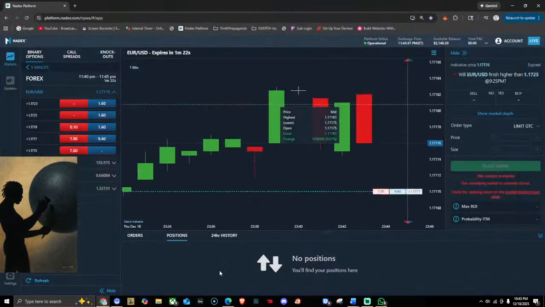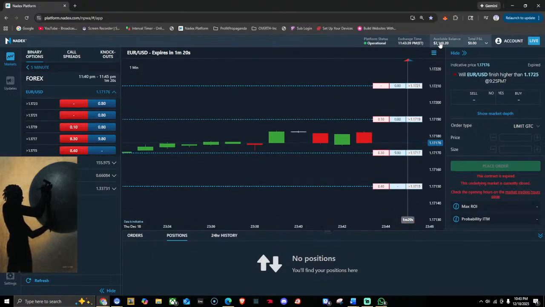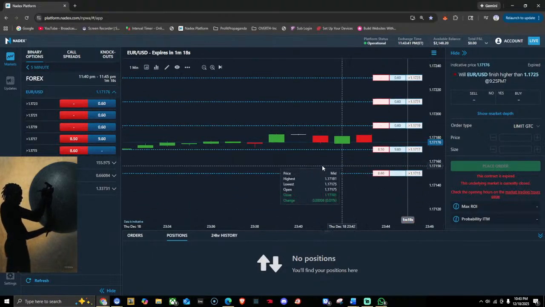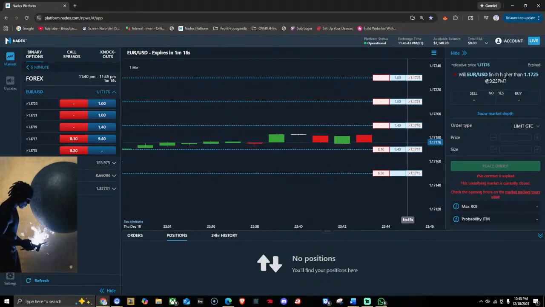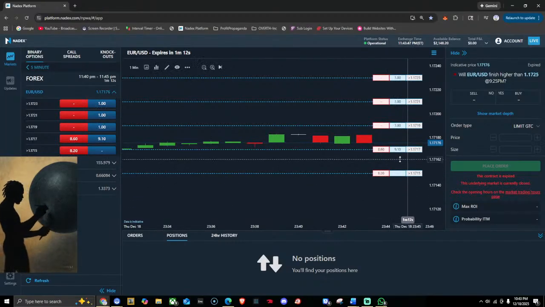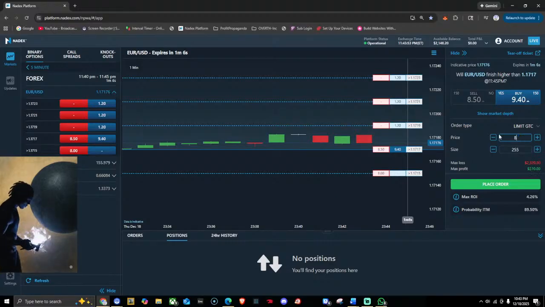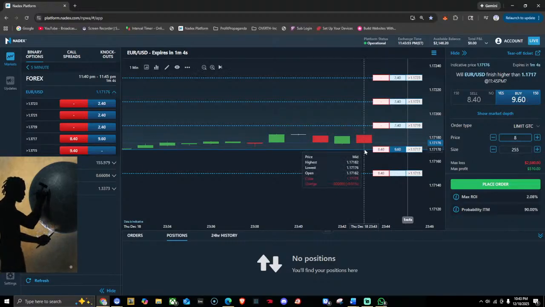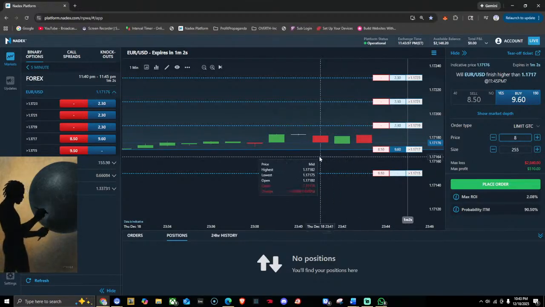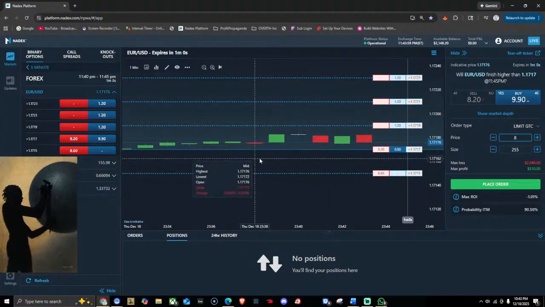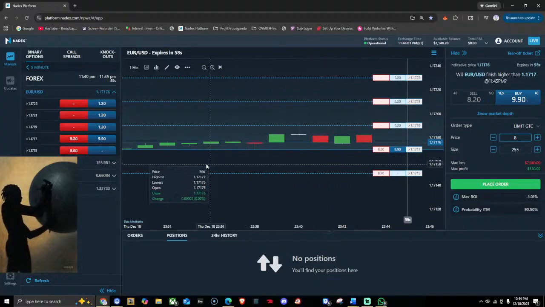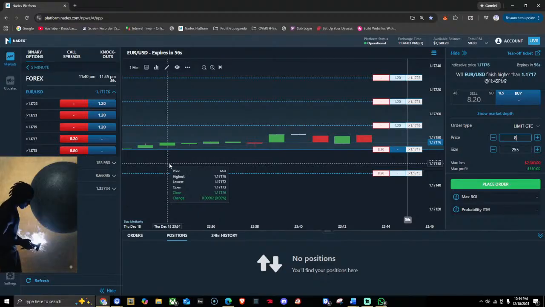Let's check the market real fast. Even this market right here looks good. We don't have that pricing that we want. 6, 5, 5, 6, 2, 6, 5, 3, 2. So the floor is at 2.